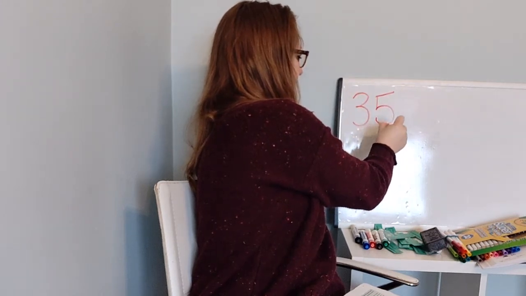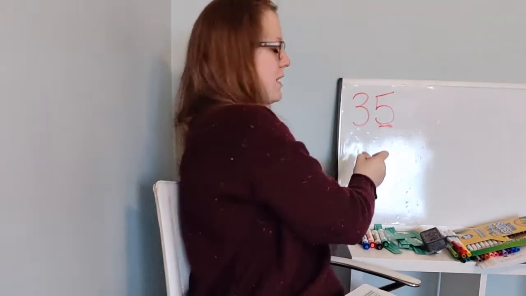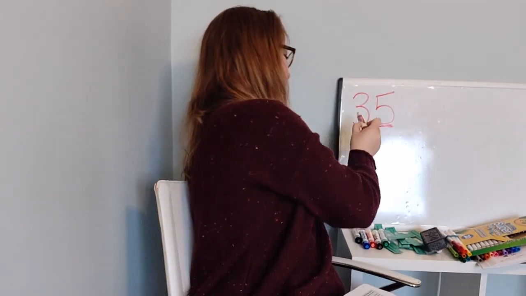There's a 5 in the ones place and a 3 in the tens place. How many ones should you have in front of you, and how many tens should you have in front of you?